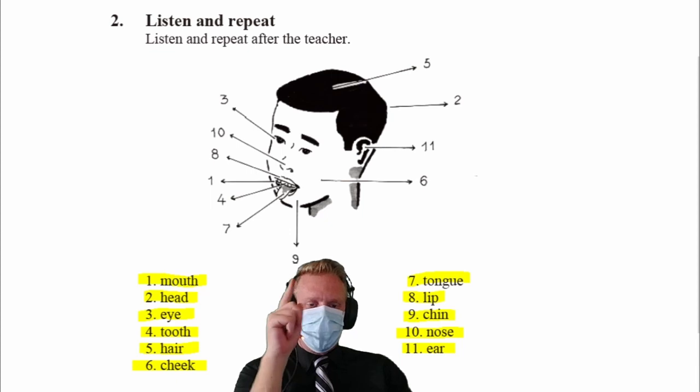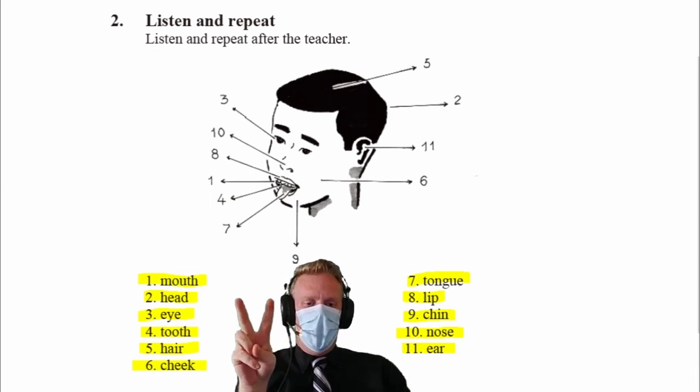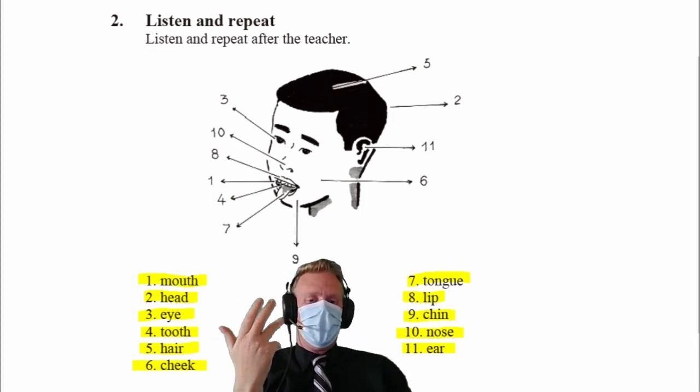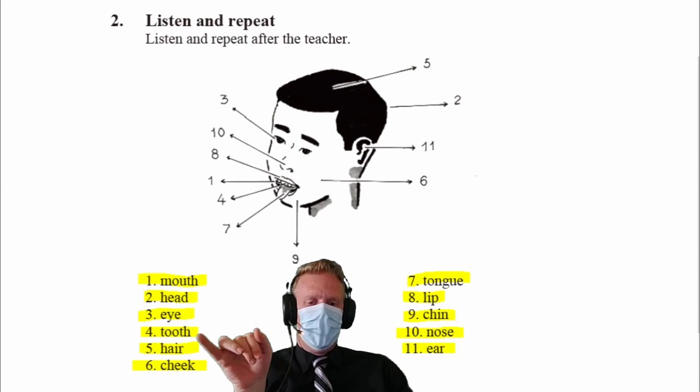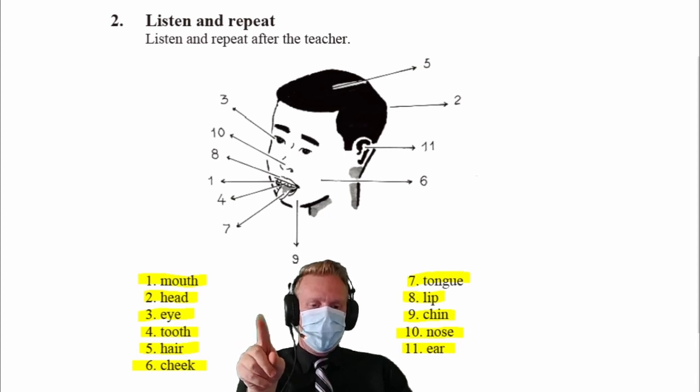Some of the things on our face, there are two, right? So we add an S. For example, eye, we have 1, 2, eyes, S. Tooth is a different one. It's teeth, T-E-E-T-H, yes, for more than one.